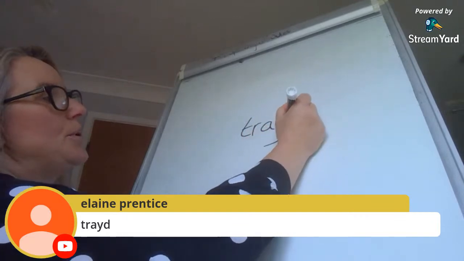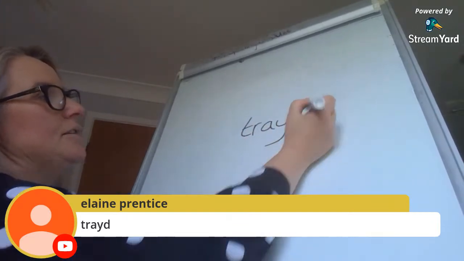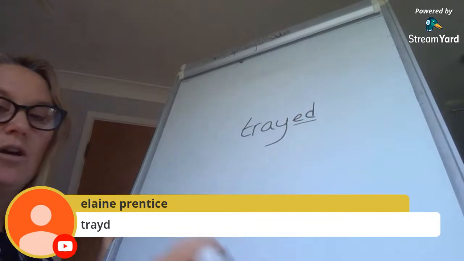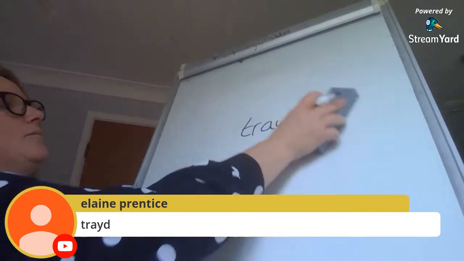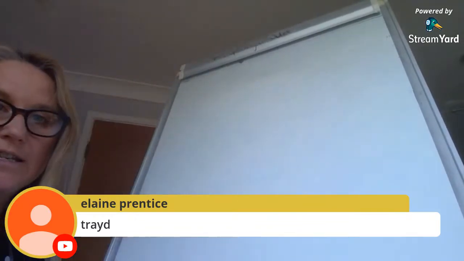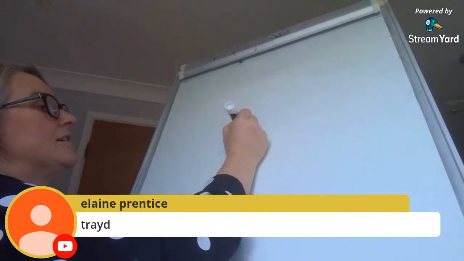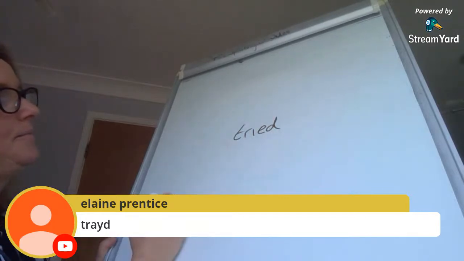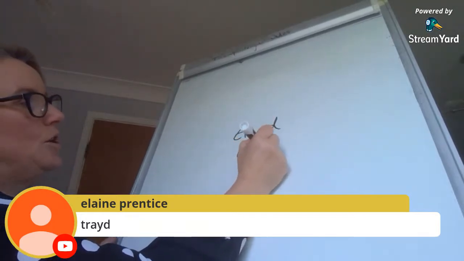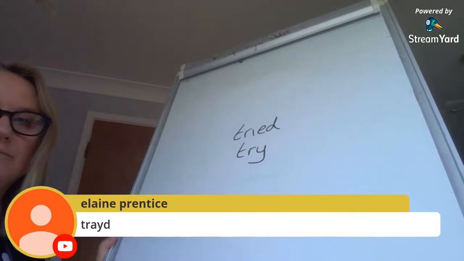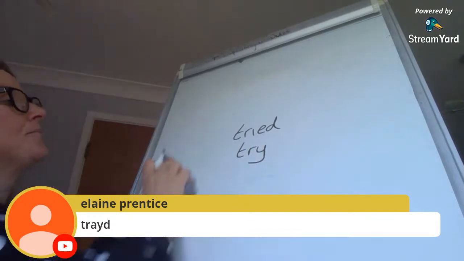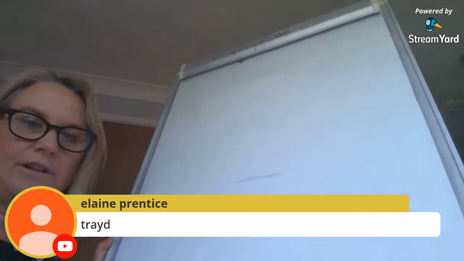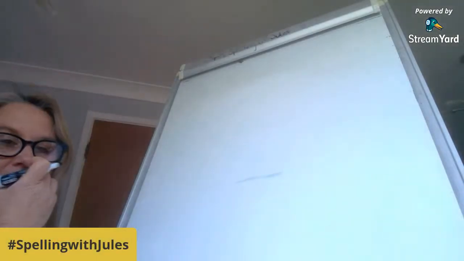And then you were trying to put ED on the end, yeah, which is a suffix. Or you might even be thinking about tried, which is an I sound. Yeah, but it does come from this word try. Okay, so that's the word detective. Okay, so good for being a detective.